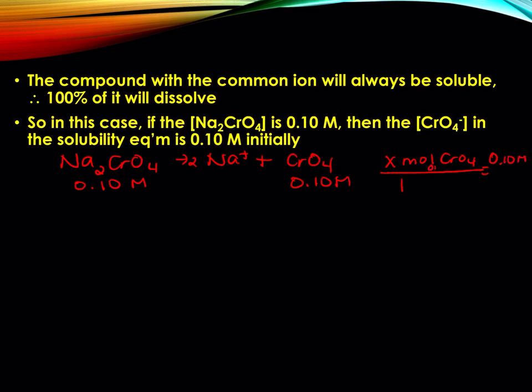So again, you could do its coefficient is 1, the 0.10 molar over 1, right? So you just get 1 to 1. So we're going to do this all the time. So if we needed sodium, which we don't, then you would multiply by 2 because of the coefficient. So these are pretty straightforward.